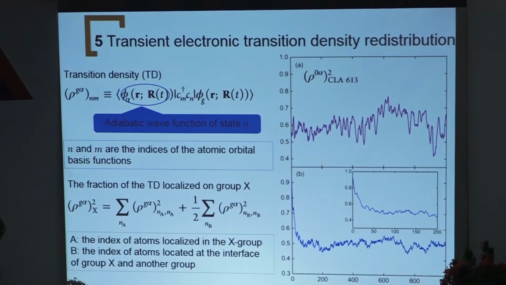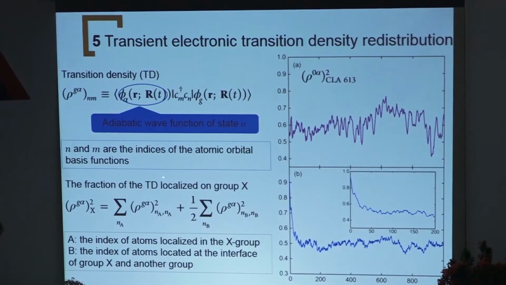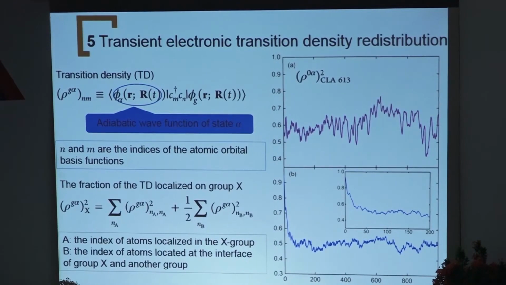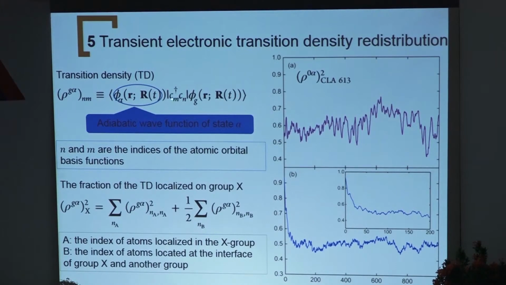And we can also calculate the fraction of transition density localized on the group X. Those labels are the electronic orbitals, and this label X can be just monomer 1 and monomer 2. If all the orbitals are within the same monomer, then we have just the A group.